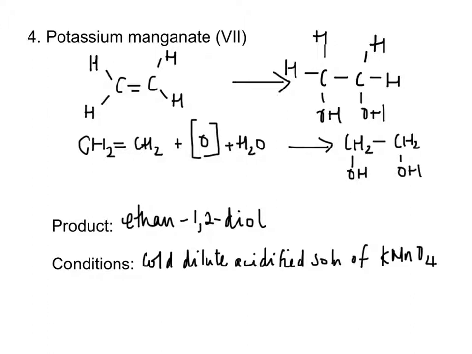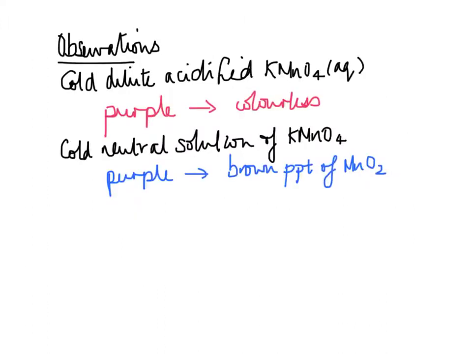The product's name is ethan 1,2-diol, and this reaction is useful in that that product has some uses, but also the decolorization of the purple potassium manganate 7 is another way of testing for unsaturation in the molecule. You should make a note of those observations then, that dilute acidified potassium permanganate is decolorized from purple to colourless if a double bonded alkene is shaken with it.